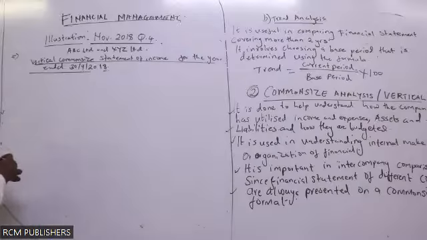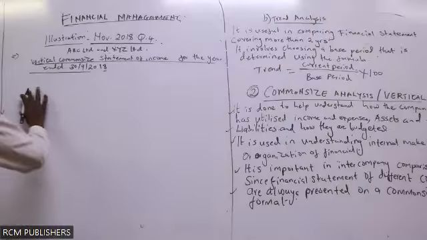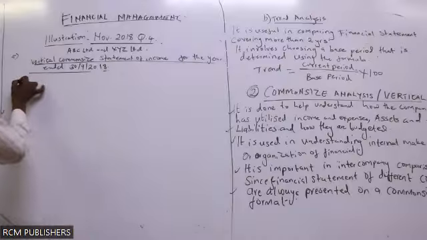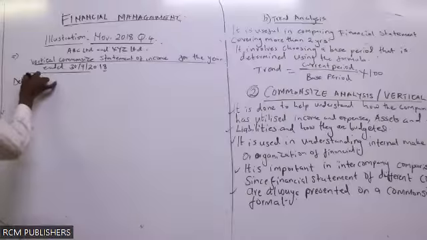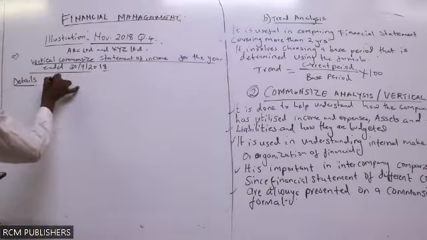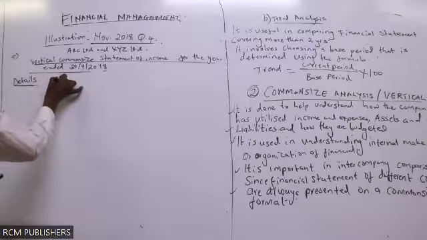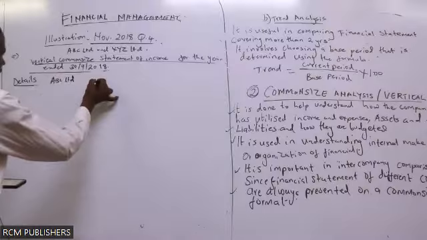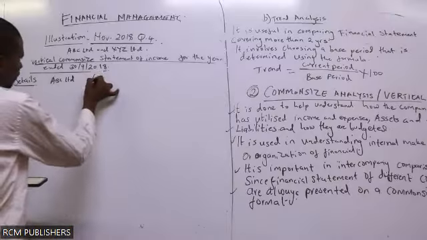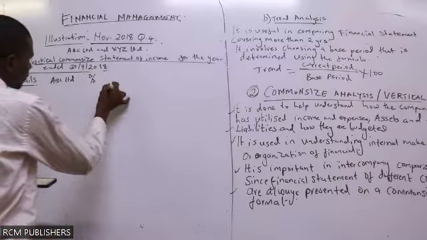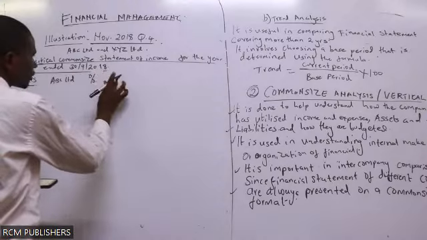So in this case, I start with my ABC Limited. So we have details. I have ABC Limited, then I have the percentage. You can call it percentage, or just name it anything.